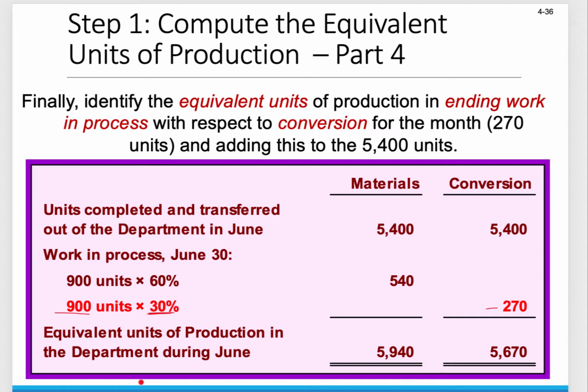Well, keep in mind that materials are usually added at the beginning of the production process, while conversion costs are added during. So that's why we have a different percentage for materials and conversion costs. Okay. Now, next thing we've got to do.